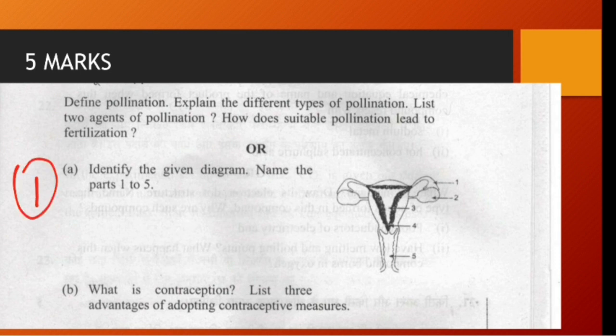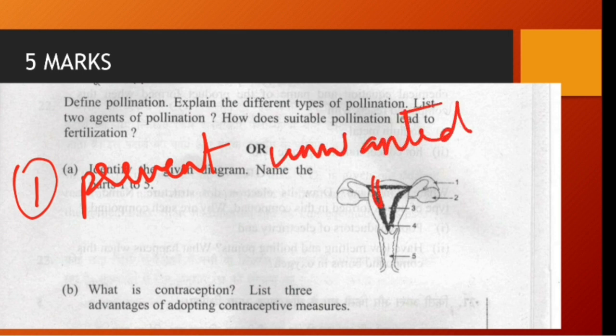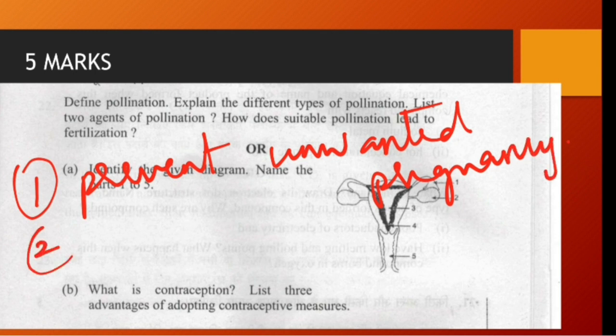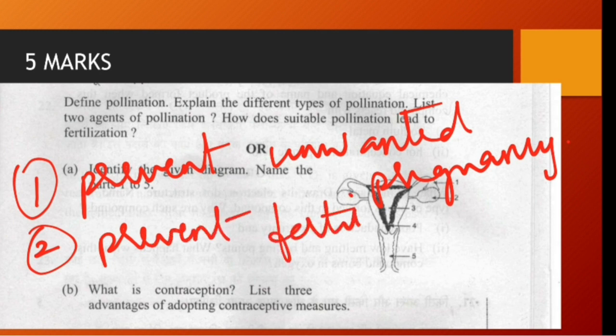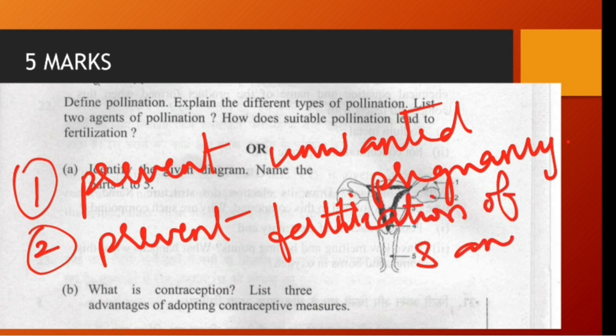The first one is that it helps to prevent unwanted pregnancy. The second one is that it helps to prevent the fertilization of the sperm and the ova.